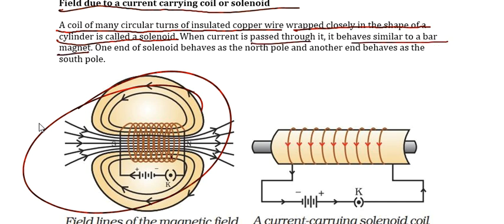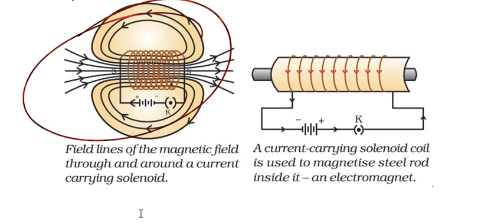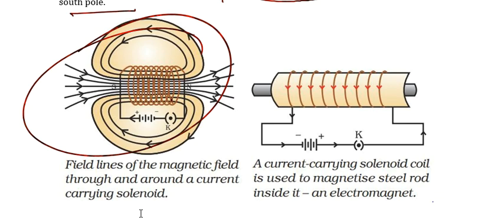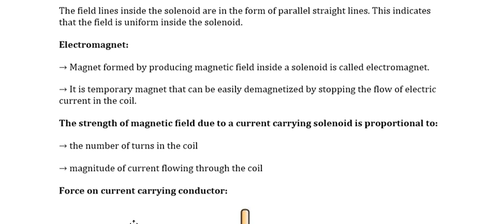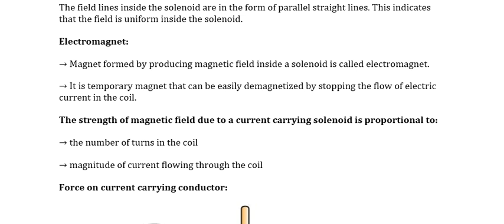One end of the solenoid behaves as the north pole and the other end behaves as the south pole. This picture is very important to understand, right? The field lines inside the solenoid are in the form of parallel straight lines.